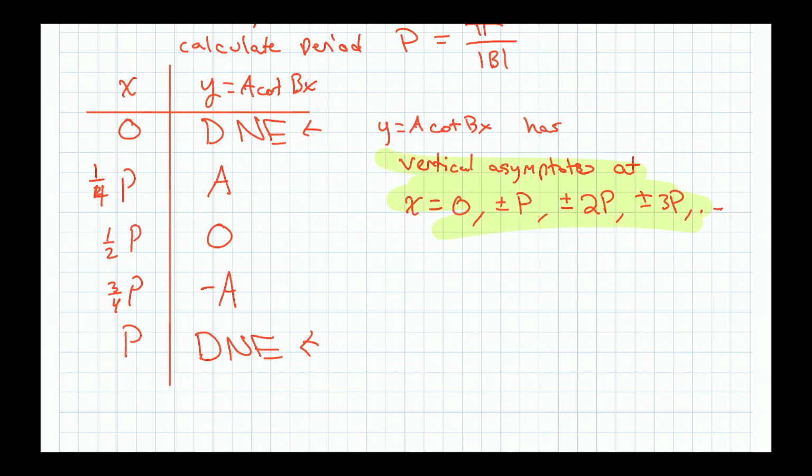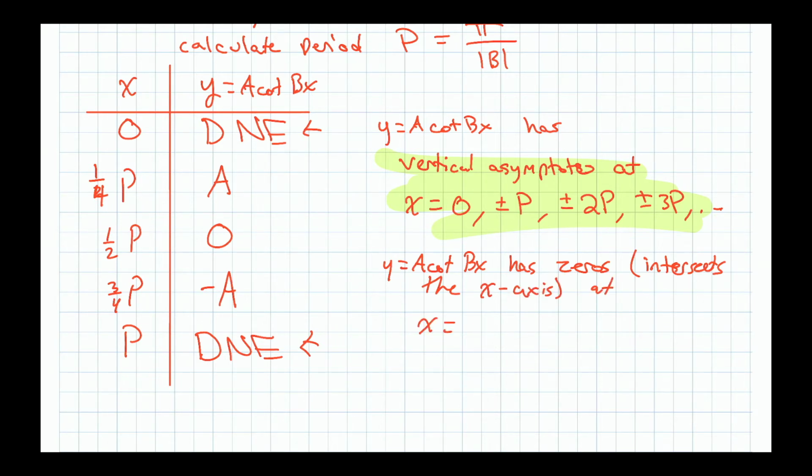But they also might ask you where it equals 0. So y equals a cotangent bx has zeros, or they might refer to that as intersecting, where it intersects the x-axis at, well, you can see one right here, right? 1/2 period.